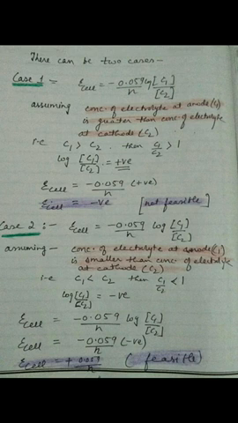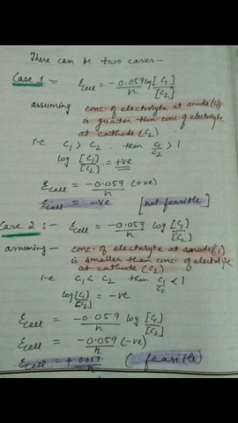That means the EMF of the concentration cell is positive in this case, so it is feasible. So whenever we are designing or preparing a concentration cell, we will design it in such a way that the concentration of the electrolyte at the anode is smaller than the concentration of electrolyte at the cathode.